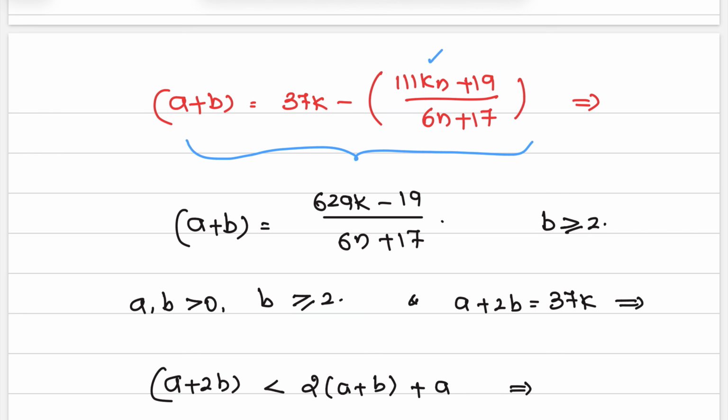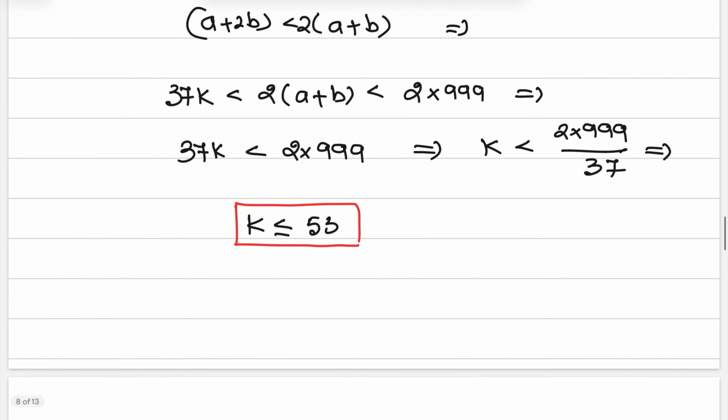That we will write here. 111 kn. Ultimately, what we have got here?